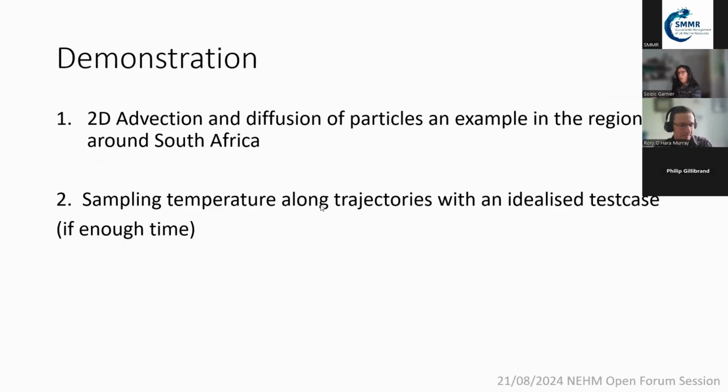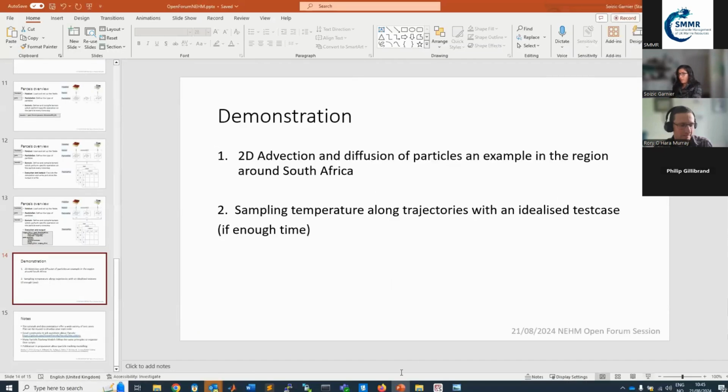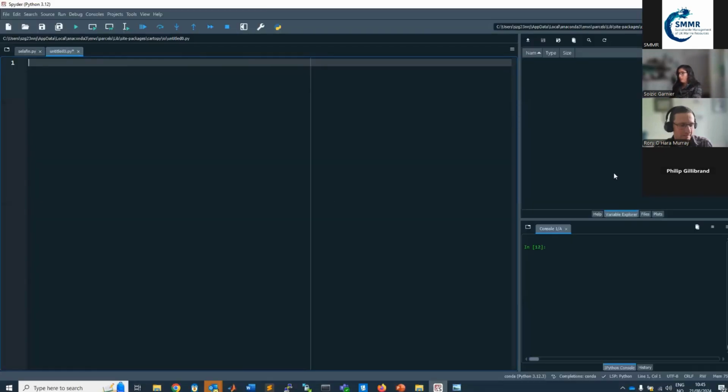The first one is a very simple advection-diffusion test case of particles in 2D, and this is in the region of around South Africa. And the second one, if we have time, is a test where we're going to be sampling the temperature along the trajectories in an idealized test case. So I'm going to switch to Python. Okay.